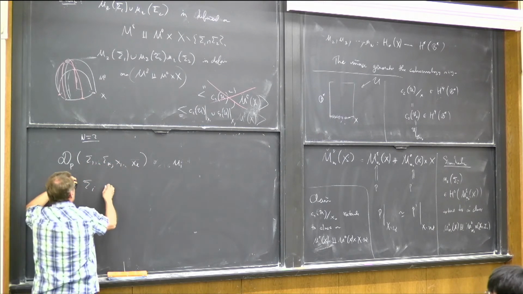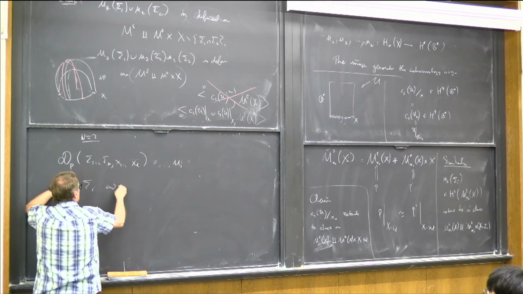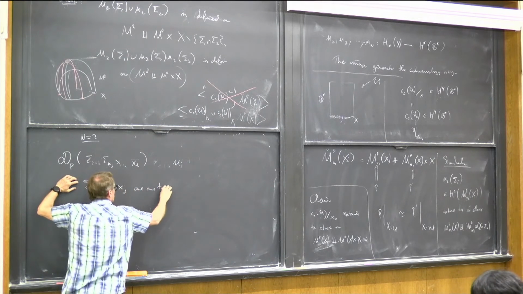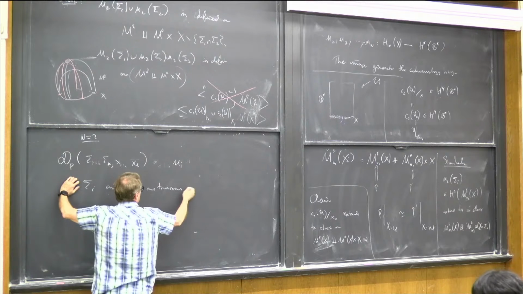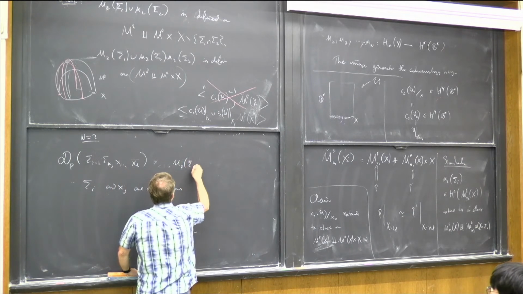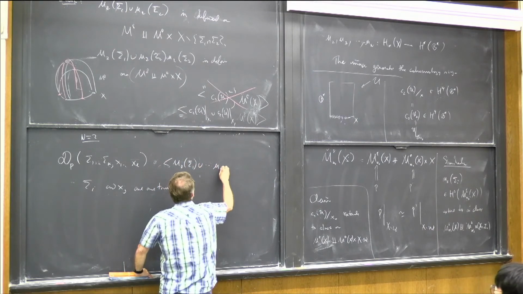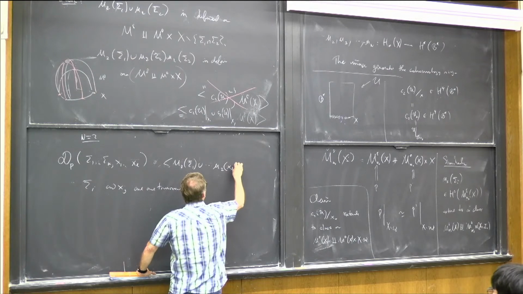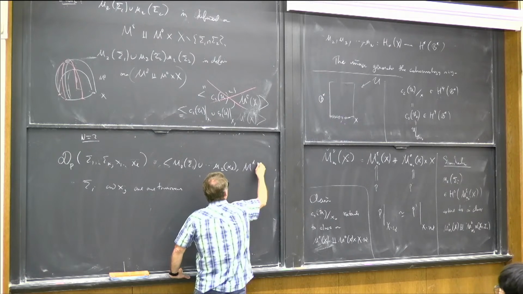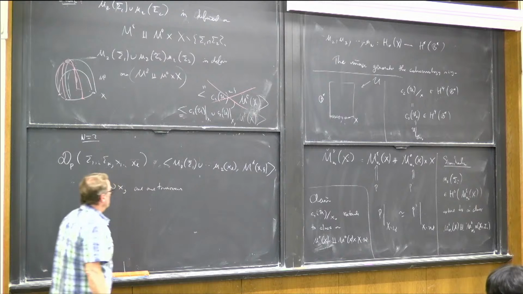So the sigma i and xj are all transverse. And then it makes sense to do the cup product of all of these and evaluate it on an appropriate moduli space.